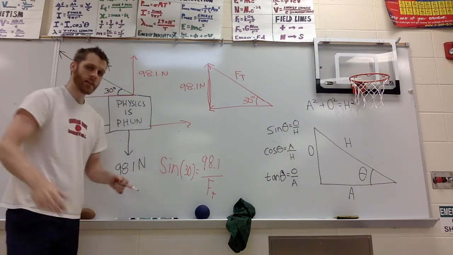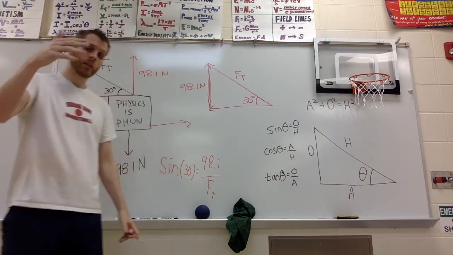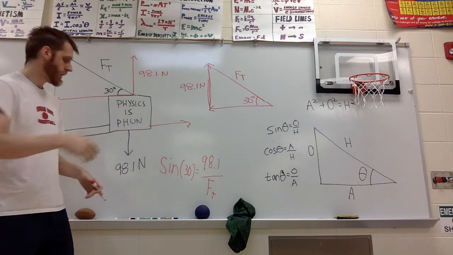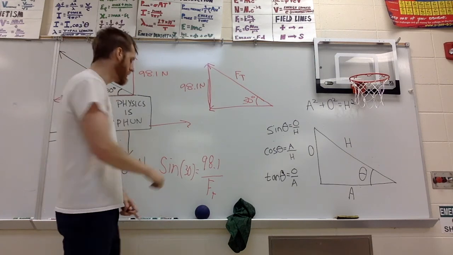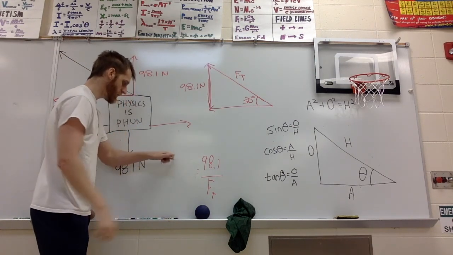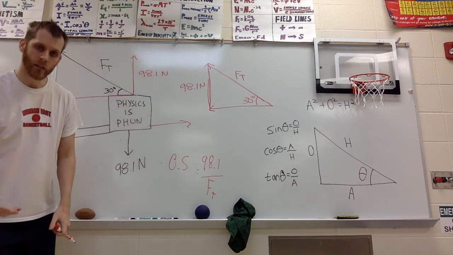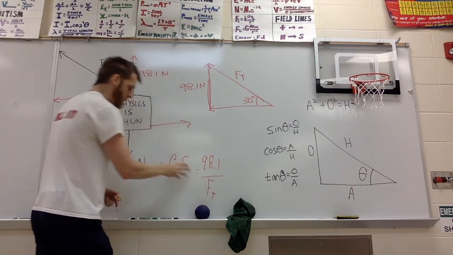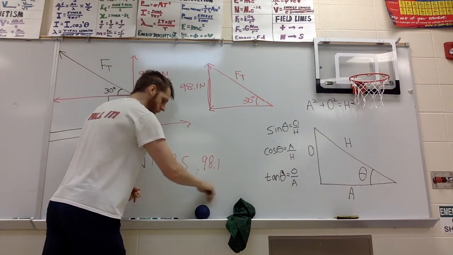Now sine of 30 in your calculator, if you type in sine of 30 and hit equals, you will get a number. It equals 0.5. You have to make sure your calculator is in degree mode and not radians. So this changes to 0.5 when you type it in. So 0.5 equals 98.1 divided by Ft. I'm going to multiply both sides by Ft, so this side cancels out.